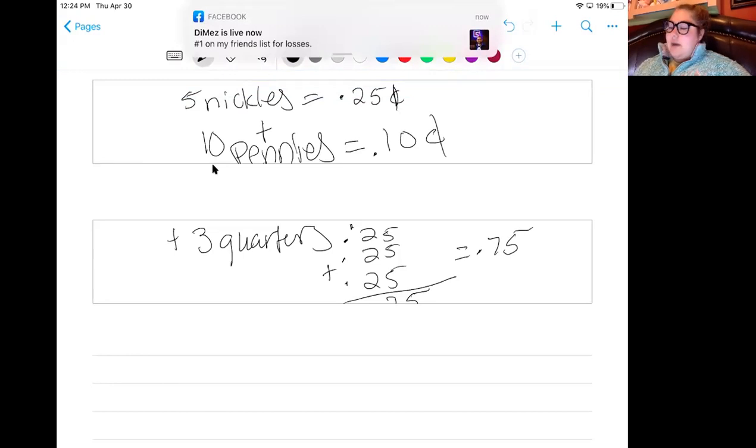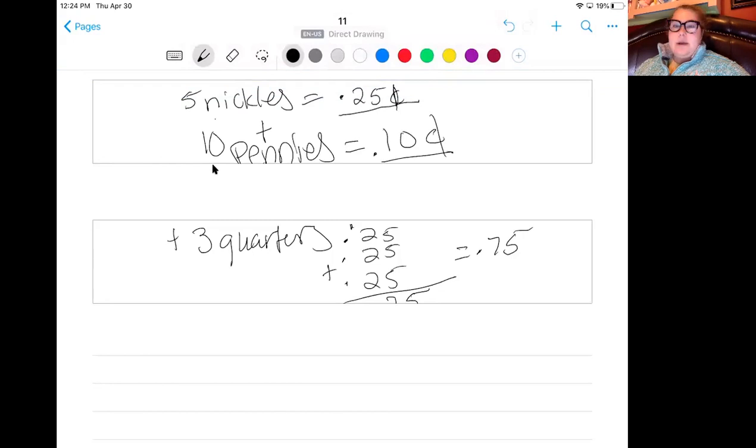Now we're going to add that with our other 25 cents we got from our nickels and the 10 cents we got from our pennies. Okay, so I'm going to add that in. Okay, so 5 plus 5 is 10. Don't forget to carry your 1. So that's 7, 8, 9, 10, 11. We have 11. Remember what happens? I'm going to erase some of this, okay?